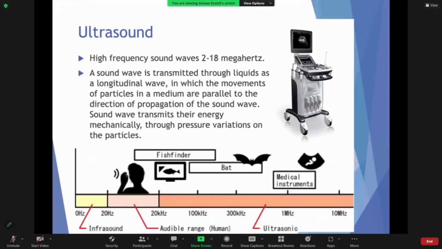How does it work? A sound wave is transmitted through liquids as a longitudinal wave, in which the movements of particles in a medium are parallel to the direction of propagation of the sound wave. So sound waves transmit their energy mechanically through pressure variations on the particles. This is how we can obtain an ultrasound image.